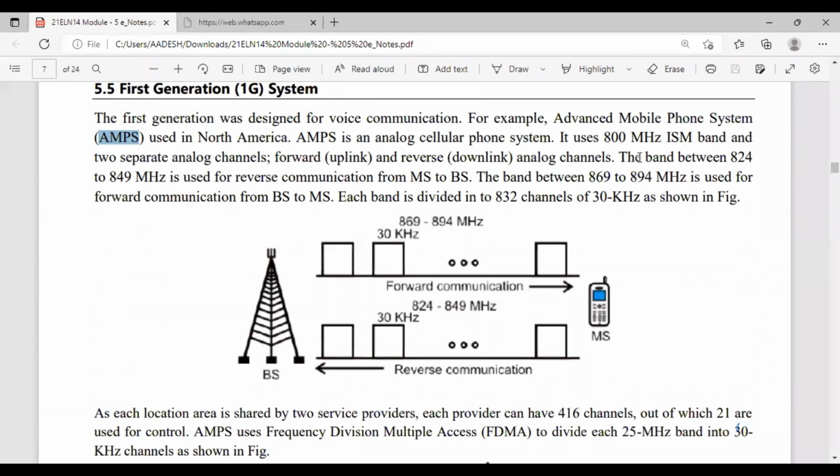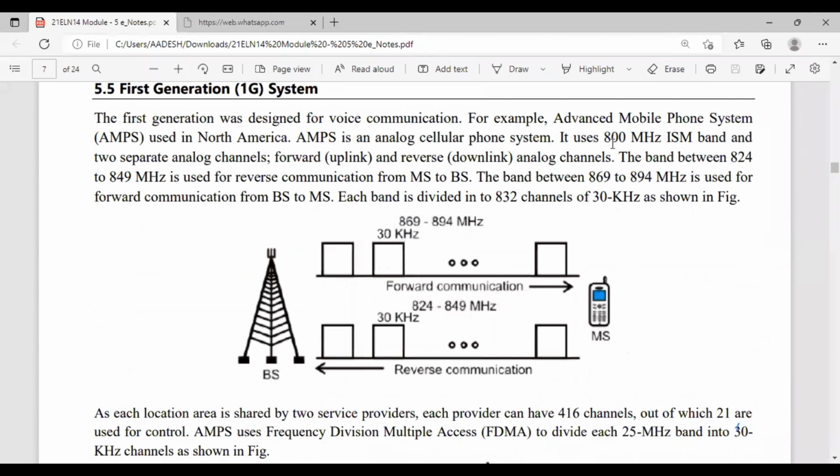Here the bandwidth it uses for the service is 800 megahertz, right? So 800 megahertz is again divided into two parts. One is forward channel and one is reverse channel. Forward channel means the connection from base station to mobile station. Reverse channel means from mobile station to base station.